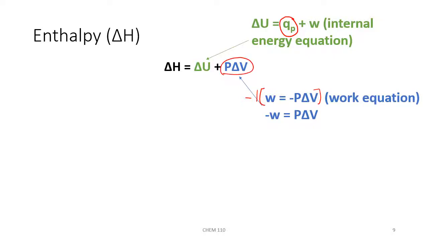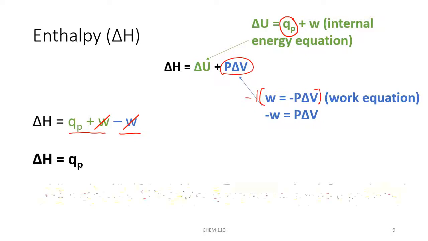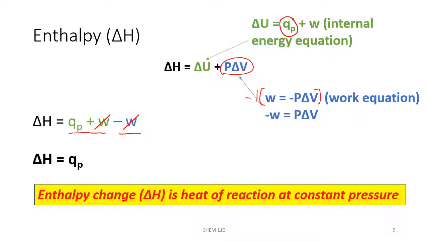If we make these substitutions into our enthalpy equation, we can say that our delta U is equal to Q sub P plus W, and our pressure times change in volume is equal to negative W. This allows us to cancel out our work terms, and we're left with delta H is equal to Q sub P. What that means is that the enthalpy change, delta H, is the heat of a reaction at constant pressure.